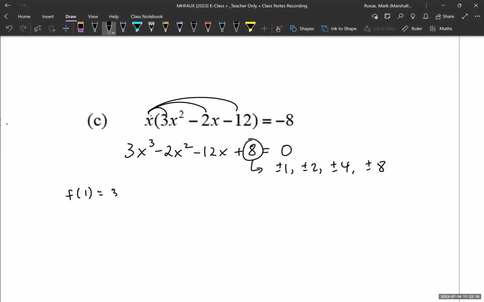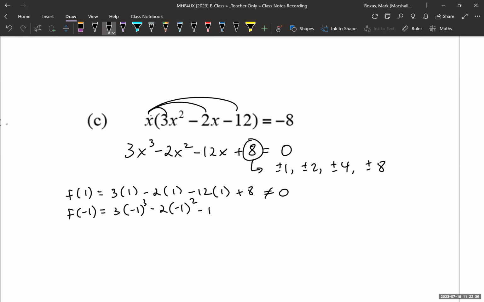So that's going to be 3 times 1 minus 2 times 1 minus 12 times 1 plus 8. That does not look like it's going to be 0. Okay, let's try -1. 3 times -1 cubed minus 2 times -1 squared minus 12 times -1 plus 8.